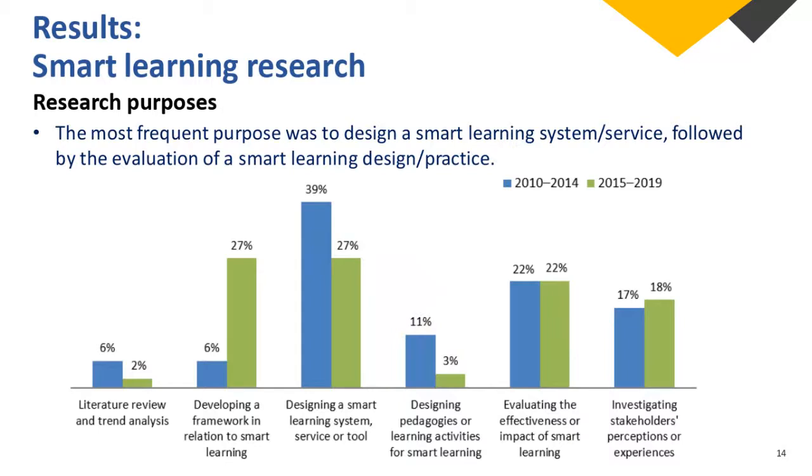Now, one observation is that in the second period, there's been much more interest in developing a framework in relation to smart learning. As for designing pedagogy or activities for smart learning, the interest seems to have dropped.